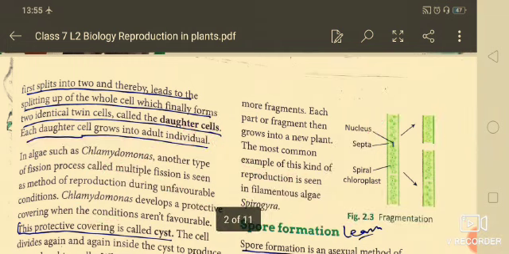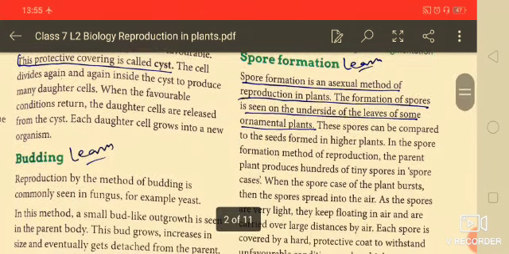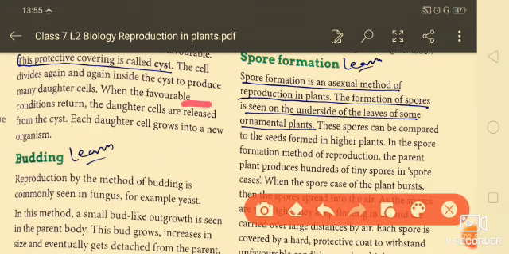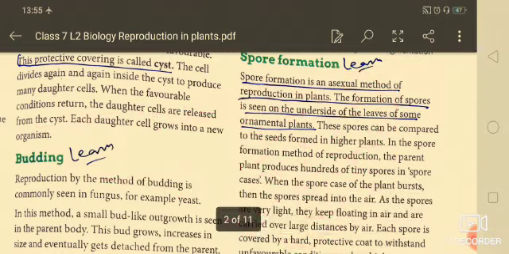So cyst formation will be there in Chlamydomonas in unfavorable conditions. And in favorable conditions, the daughter cells are released from this cyst. That means in this cyst a number of daughter cells will be there and when favorable conditions come, this outer layer will rupture and a number of daughter cells will be produced.